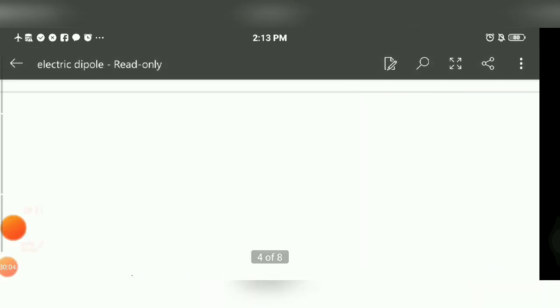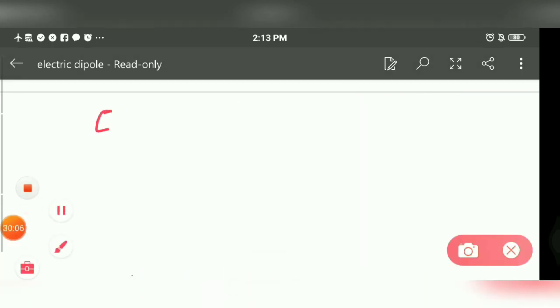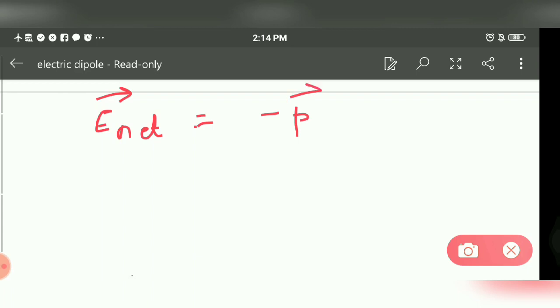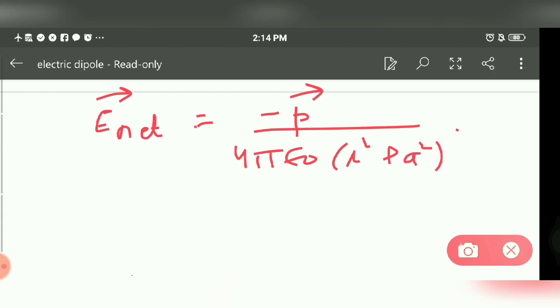So we get E net vector equals minus P vector upon 4 pi epsilon naught, r square plus a square raised to power 3 by 2.